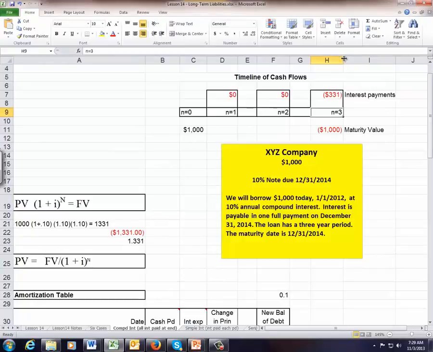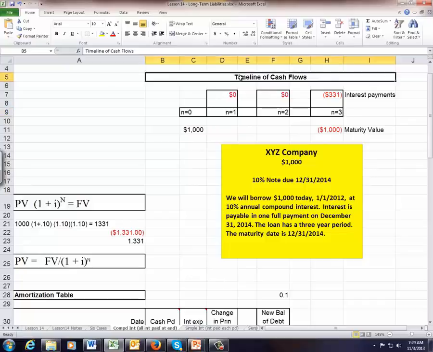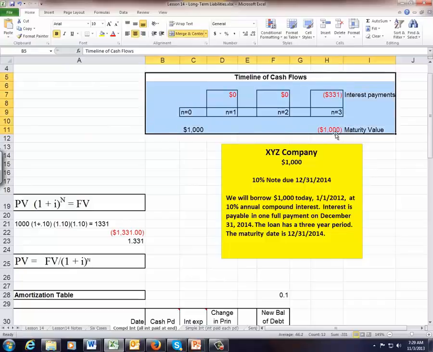And at the end of the loan term right here, it's going to be 12/31/2014. So we borrow on the first day of 2012, and we repay back all the interest and the principal at the end of 1, 2, 3 periods. And I call this a timeline of cash flows.